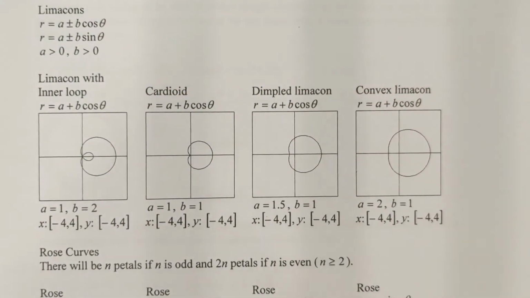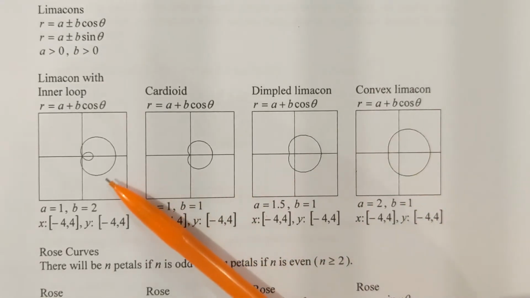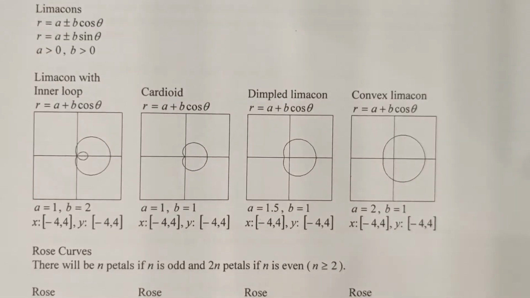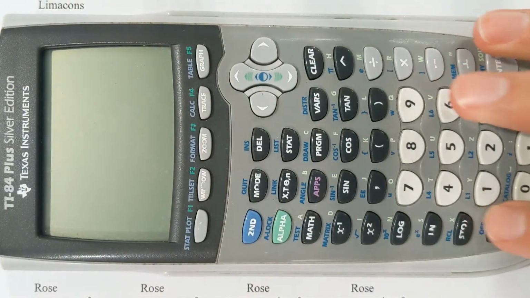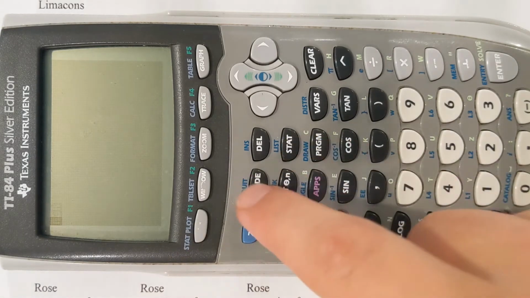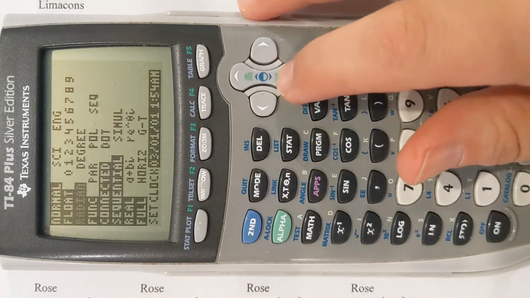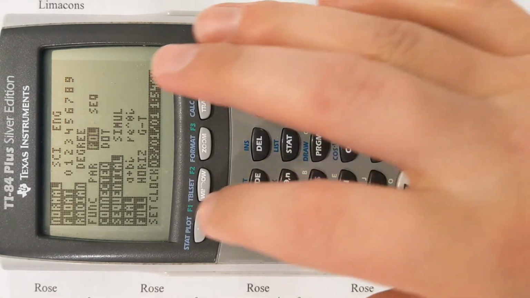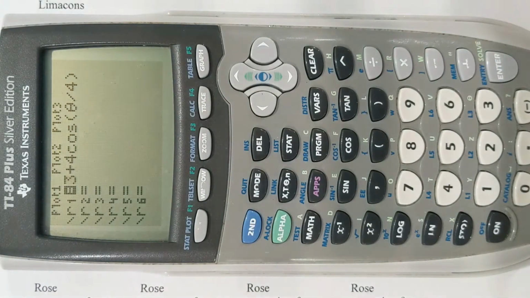Suppose we wanted to graph this first curve here. In your calculator, we've been doing everything in rectangular mode, so there's also a polar mode that you'd go to, and if you go to y equals, then you can type in an equation in terms of r and theta.